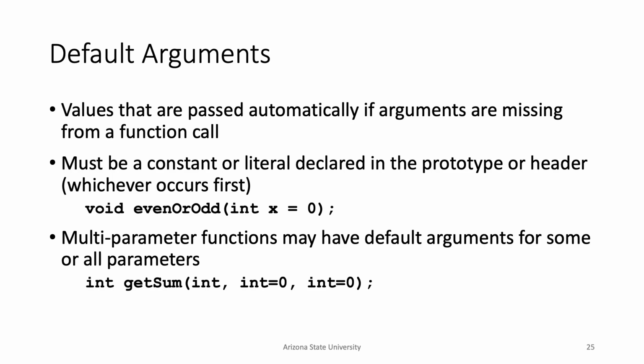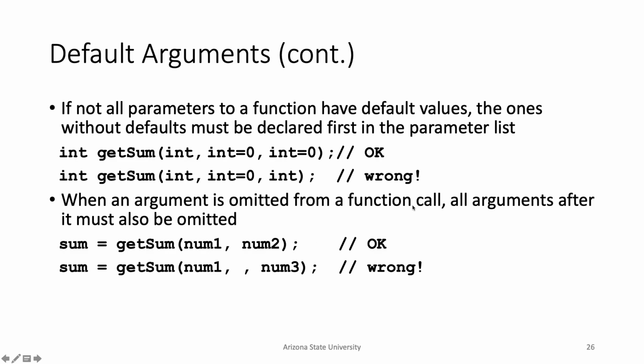So you may think, well, how can I do any number of parameters? And we'll talk about that kind of thing in a month, which is something called templates. Actually, they're called variadic templates, but templates we'll talk about later. But default arguments are for when you have a fixed upper bound on the number of arguments you need. So if you need 3 or fewer parameters, default arguments are a good way to go.